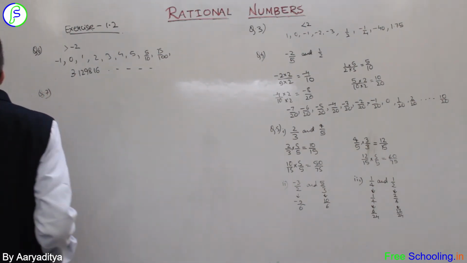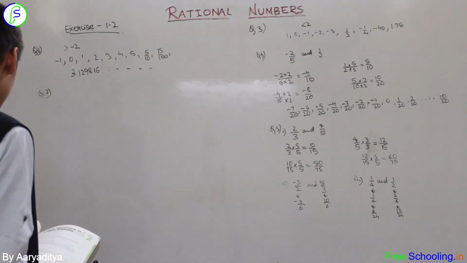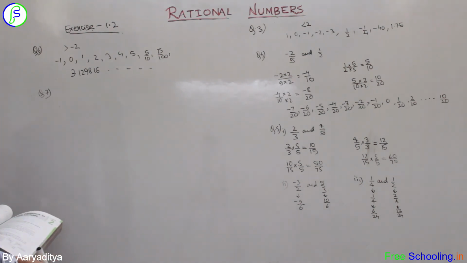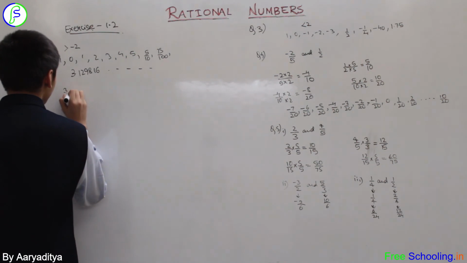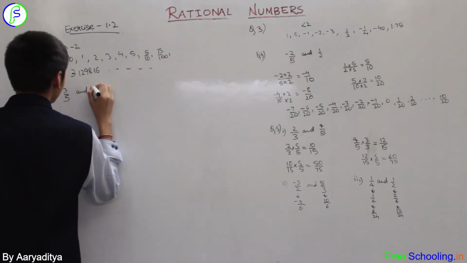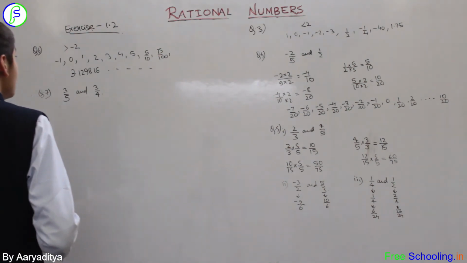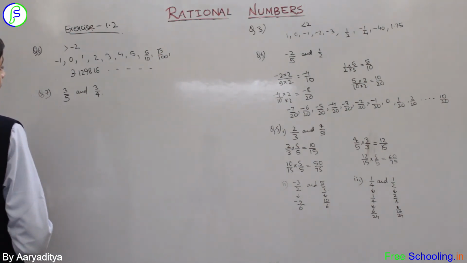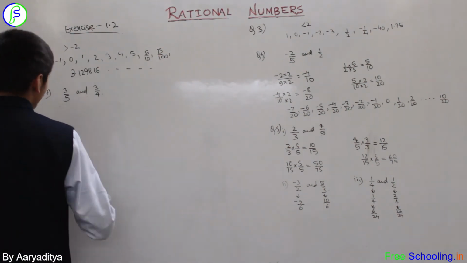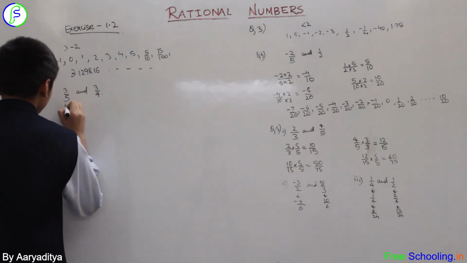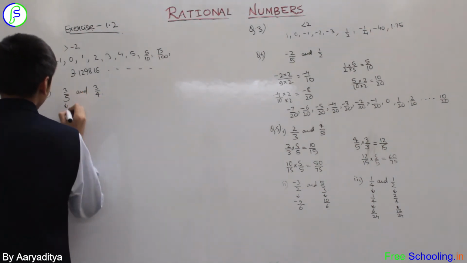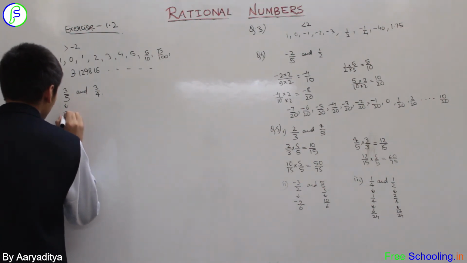That leads us to the last question of the exercise and of the chapter. Find 10 rational numbers between 3 by 5 and 3 by 4. To find 10 rational numbers between 3 by 5 and 3 by 4, first, what do we need to do? Again, take the LCM, and that would be 20 in this case. Multiplying 4 in both numerator and denominator, we get 12 by 20.